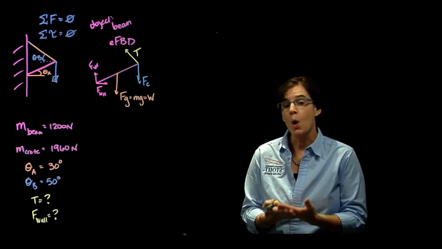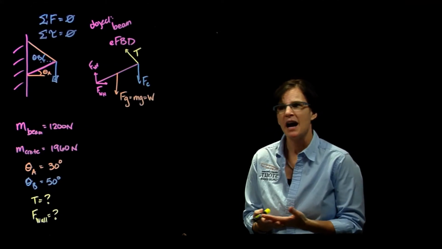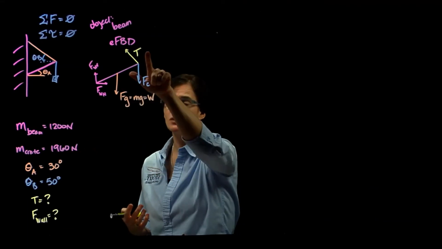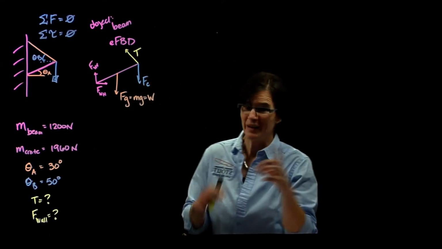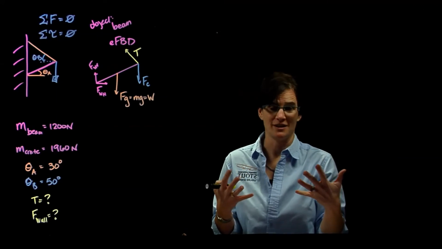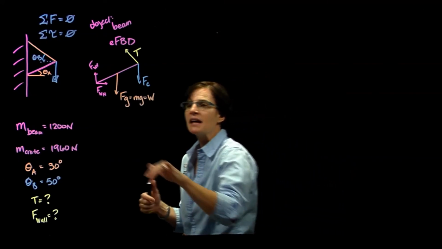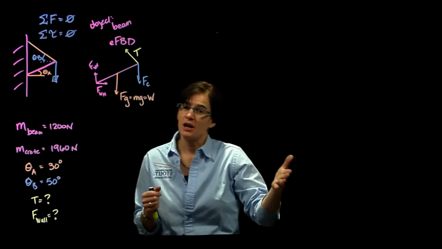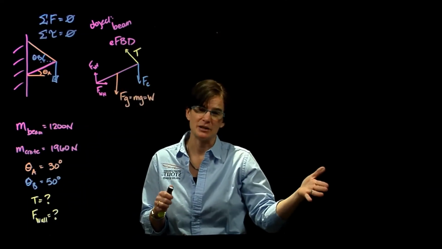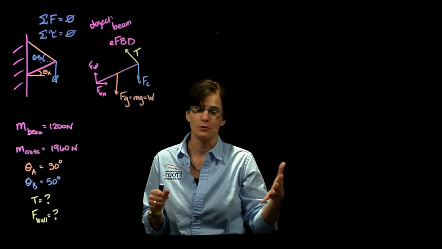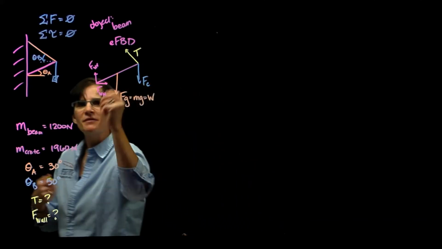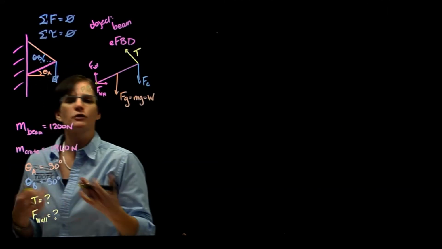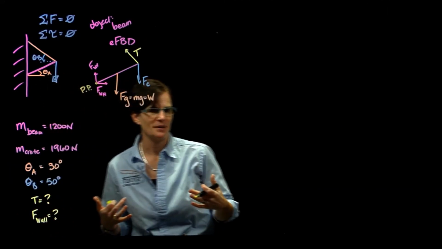I don't know some of these forces. I know the force of gravity, it's given. I know the crate force, it's given. I don't know the tension, but I don't want to get rid of the T because I want to know the tension. That's what I'm solving for. And I don't know the force of the wall. If I don't know a force, I'm going to have a hard time actually calculating the torque by that force. But if I place my pivot point at this location, then those two forces don't exert a torque about that pivot point.